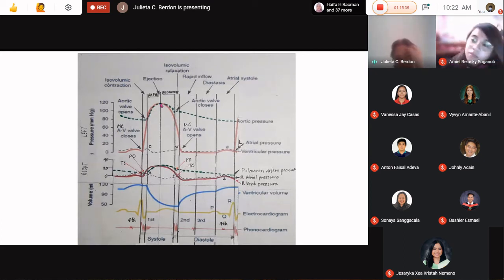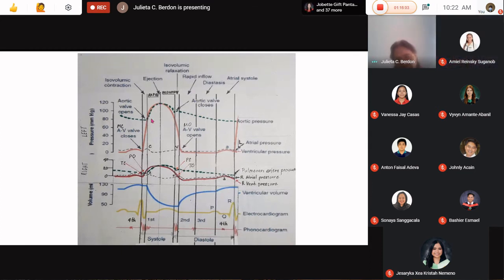Now, your ventricular pressure during this time of rapid ejection is greater than aortic pressure, so there is continuous flow of blood from the ventricle to the aorta. Aortic pressure peaks now. The blood flow into the aorta is now equal to the runoff from the aorta.